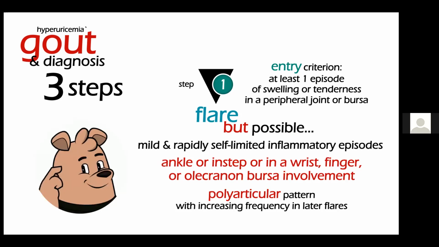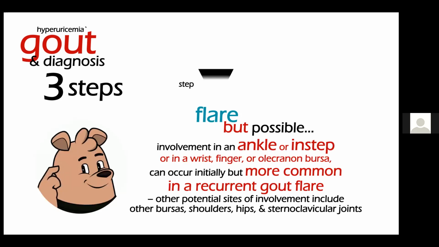That may involve the ankle, the instep, the wrist, or the finger, or even the elbow. So we need to be mindful of that. Instead of always expecting mono or oligoarthritis, we might have a patient that comes to us with a polyarticular pattern of flare, especially later in the course of the disease.